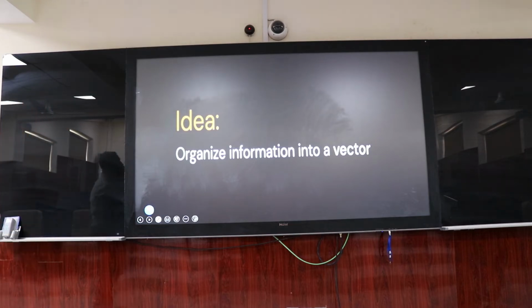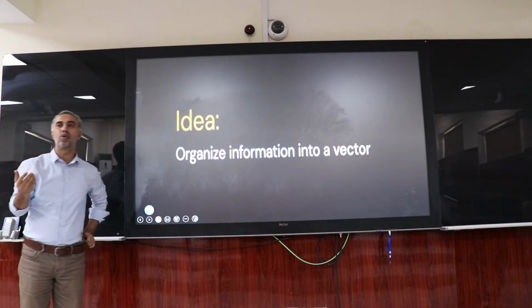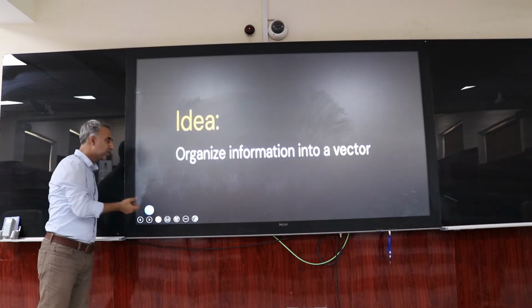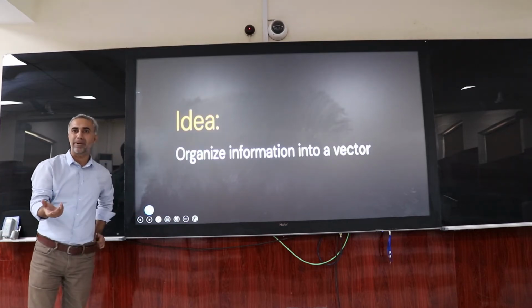The idea is basically we are generating each and everything from the vector information. And a moment ago I told you the attributes of a house in the form of a vector are the feature values. So this is the way to organize the information in the form of a vector. Once we have too many vectors, then we can make a matrix.